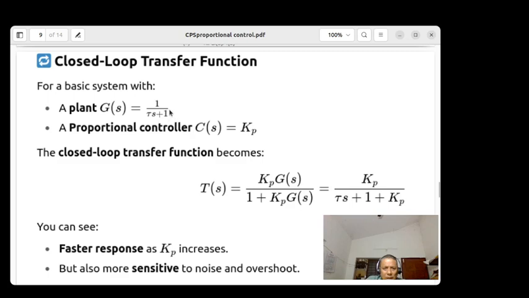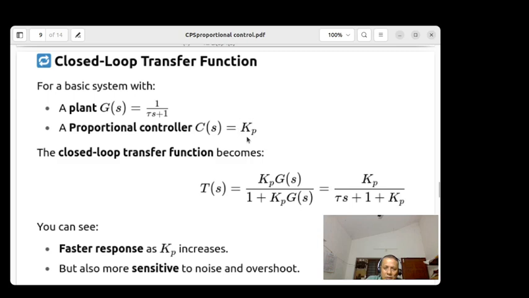The plant is G of s, and the proportional constant, the proportional gain, is Kp. Output by input is a constant here, so it is Kp. Output by input being constant means it is a gain.